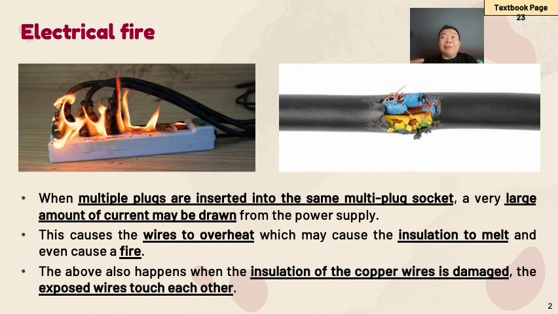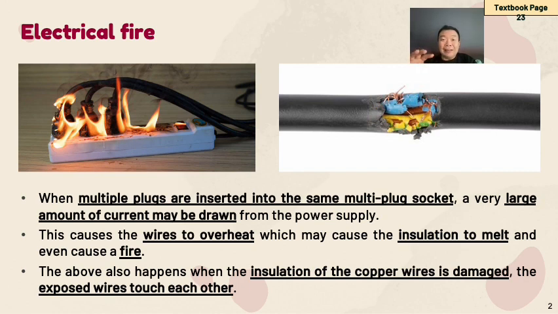If you connect like 10 appliances to one plug, you have 10 devices drawing current from the circuit in the plug itself. So that poor wall outlet will have to supply current to 10 devices.